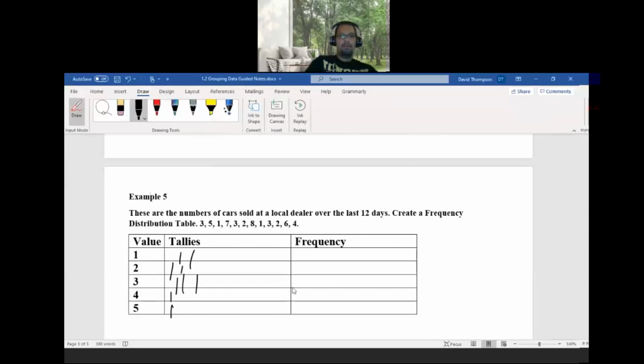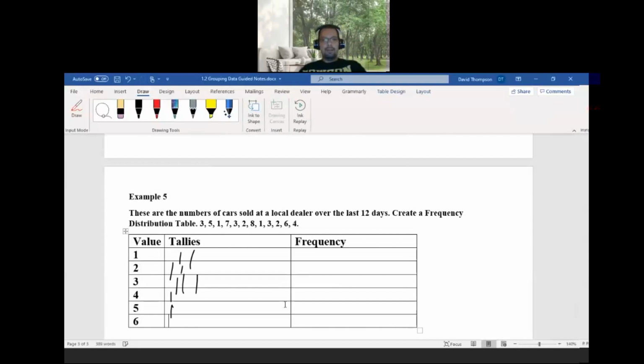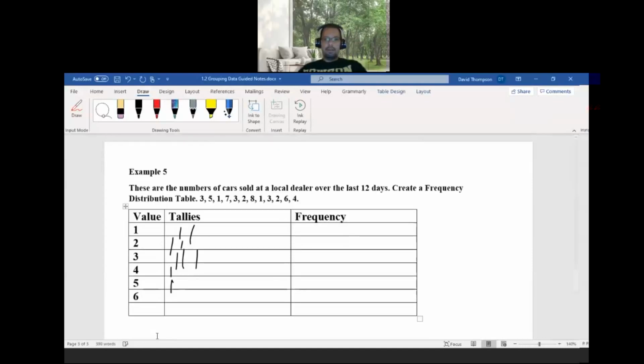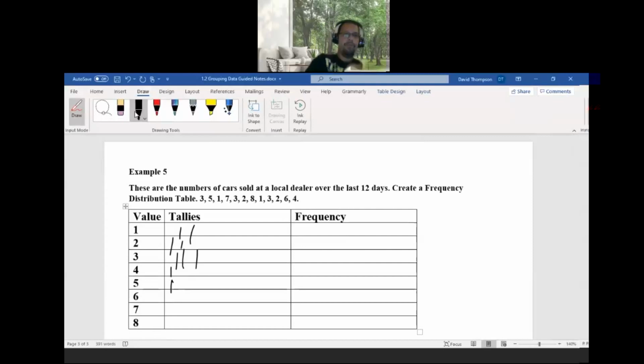And we'll add in some rows for 6, 7, and 8. And tally. And there's one of each. Now we're just going to tally our frequency. So there is 2 1s, 2 2s, 3 3s, 1 4, 1 5, 1 6, 1 7, and 1 8.